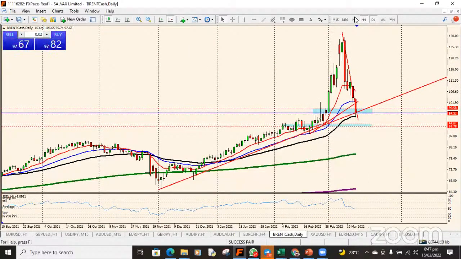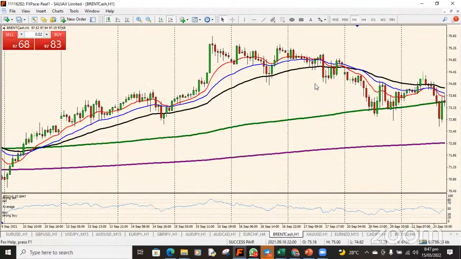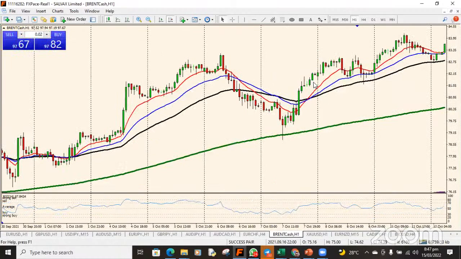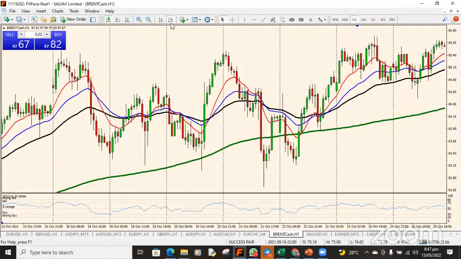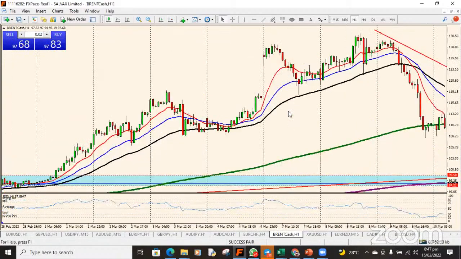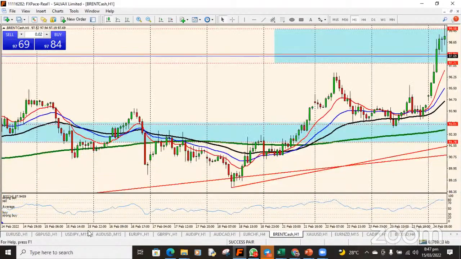This is Brent, though we have not gotten to that, but Brent showed something before it started falling. Oh, that's not where we are going. Let's look for double bottom.